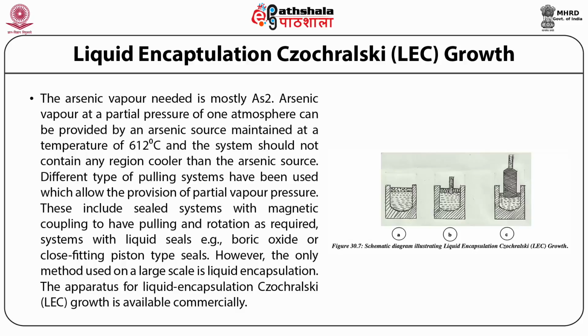Arsenic vapor at a partial pressure of 1 atmosphere can be provided by an arsenic source maintained at a temperature of 612 degrees centigrade, and the system should not contain any region cooler than the arsenic source. Different types of pulling systems have been used which allow the provision of partial vapor pressure.